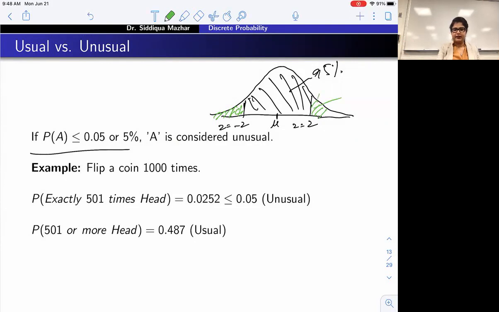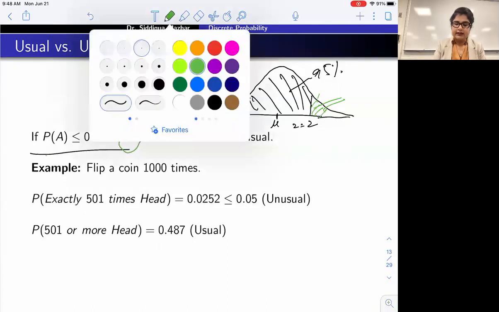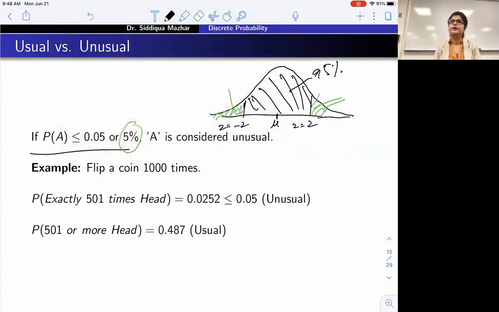So 5% of data is covered in these two sections, the left and right parts, so these are unusual values. This is why, if the probability of any event is less than or equal to 0.05, that means 5% probability or less, it will be considered an unusual value or unusual event. This is why I was saying that 1 and 6 have to be unusual data values, because their probability is 0.05 for both of these.